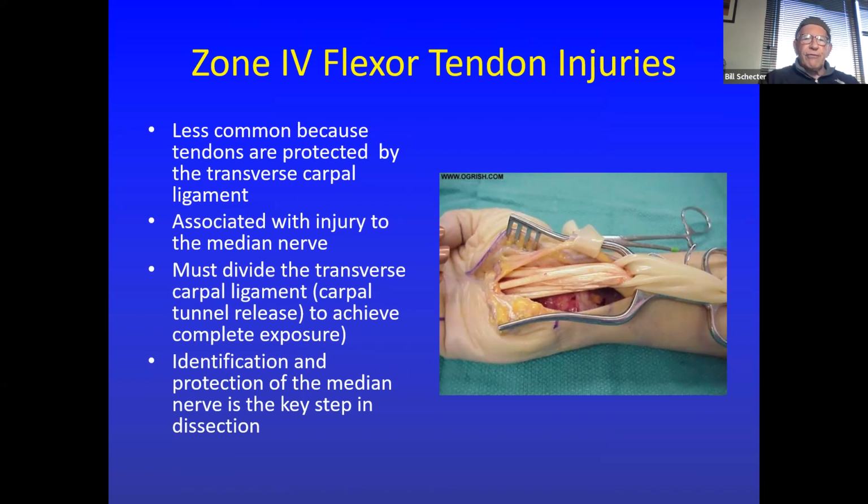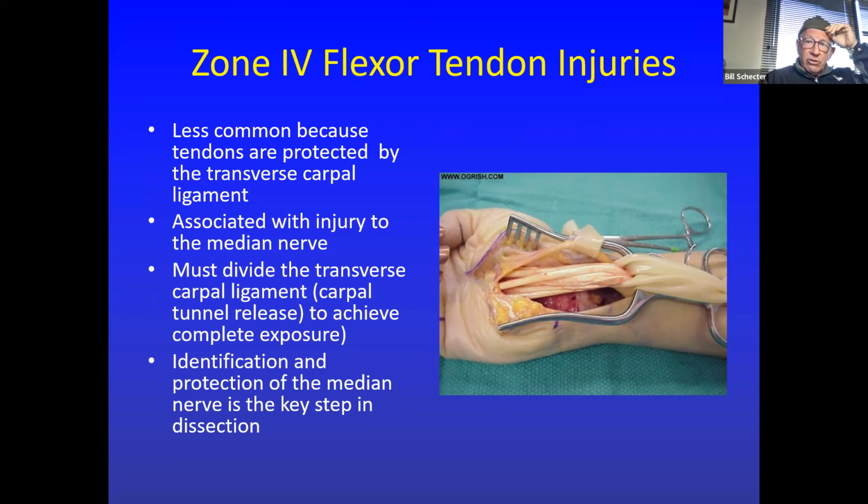But if you do have a zone 4 flexor tendon injury, you have to be prepared to repair the median nerve, because remember, there are 9 tendons and 1 nerve which traverse the carpal tunnel.